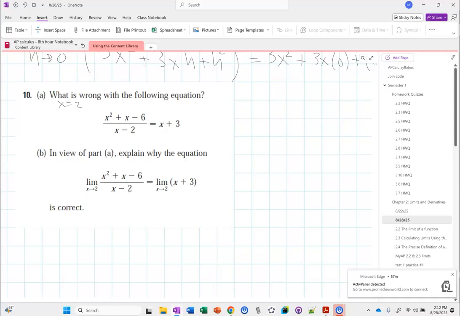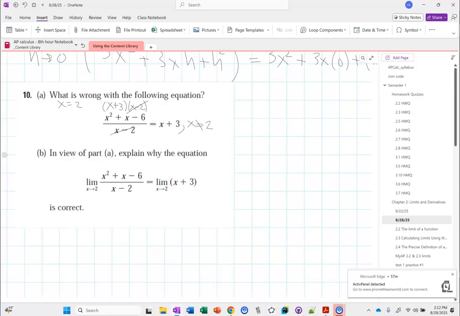So when we reduce this, and we have x plus 3 times x minus 2, it's equal to x plus 3 except at 2. So this is what's wrong: you didn't include the not equal at 2. Does that make sense?